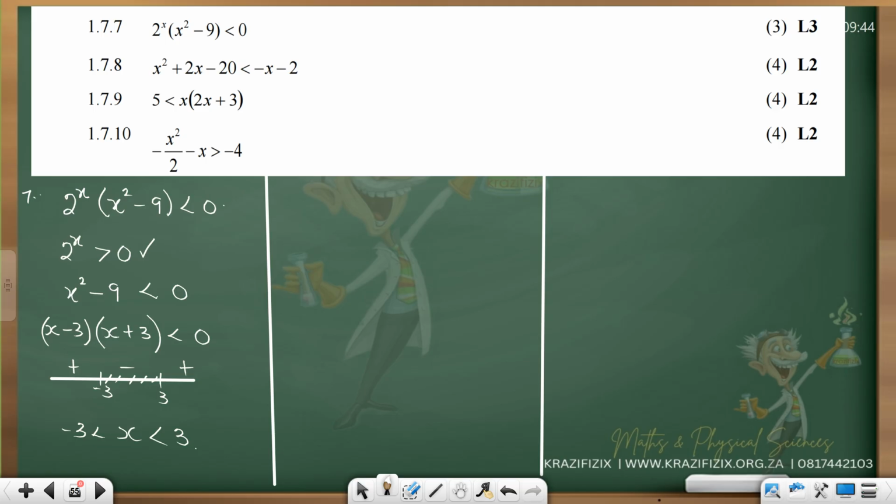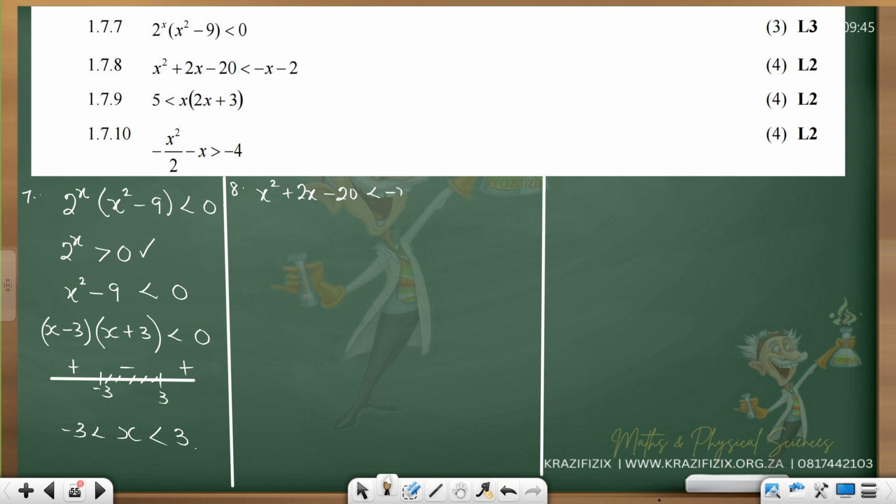All right. Number 8. Let me try to see if I can squeeze everything here. X squared plus 2x minus 20. Oh, this examiner. Lovely. Let's bring everything over. X squared plus 2x plus x minus 20 plus 2.